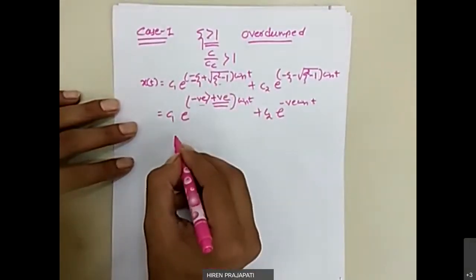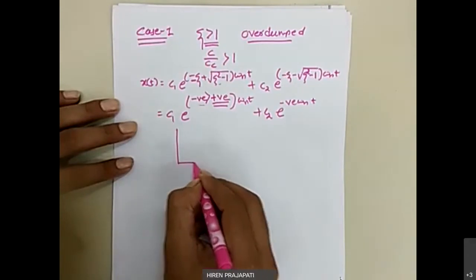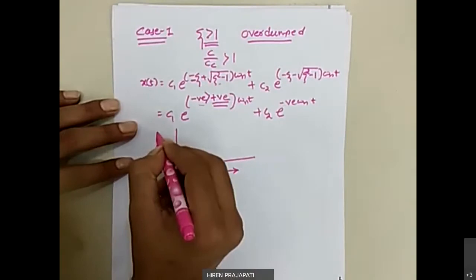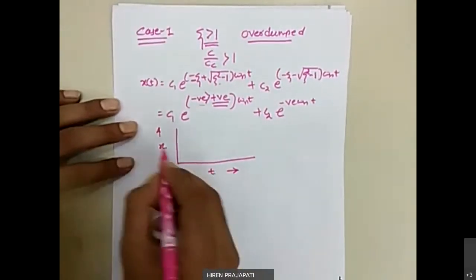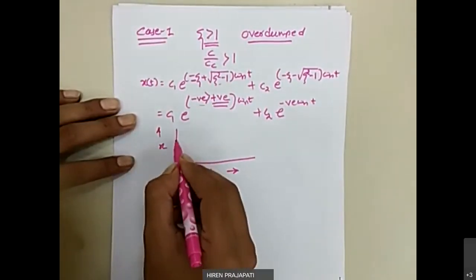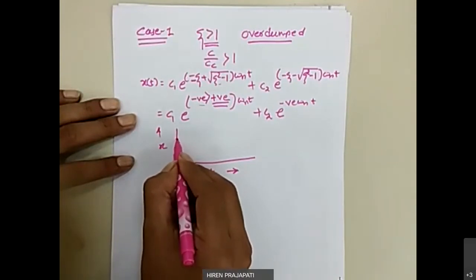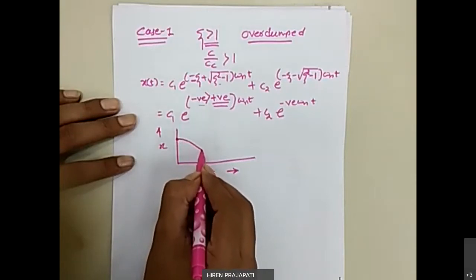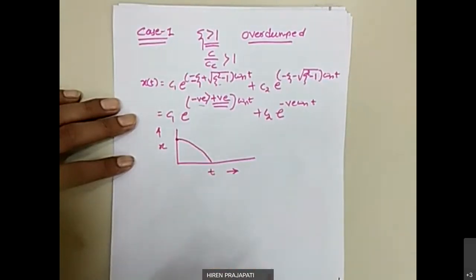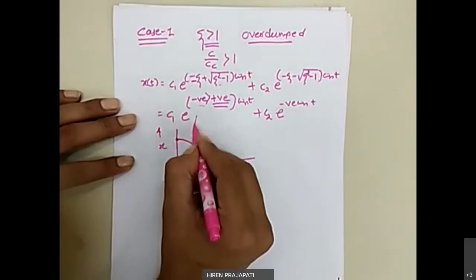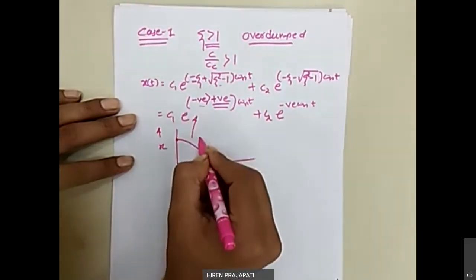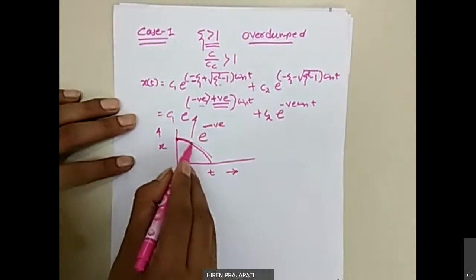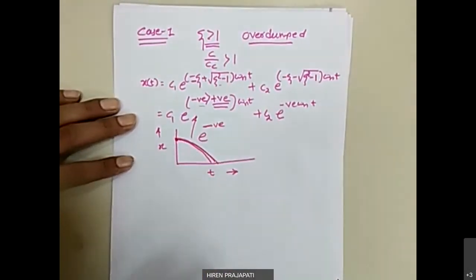If I indicate it on the x-t curve, the x-t diagram, this is time, this is displacement, then if any body is vibrating with some initial amplitude, you get a gradual decay in the amplitude, which is represented by this e to the power negative value. So this is the gradual reduction in the amplitude, right?